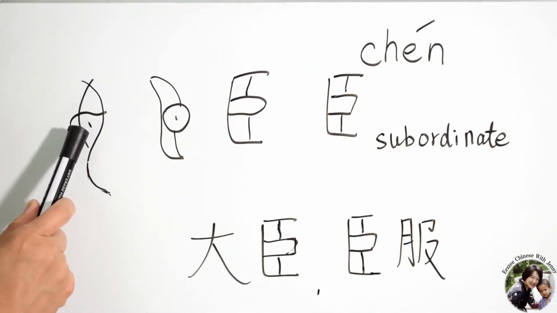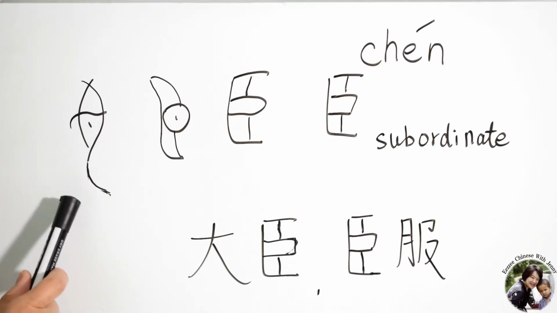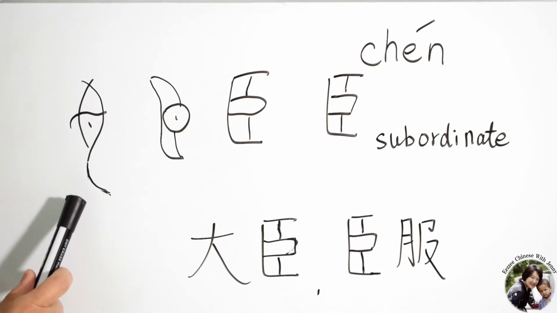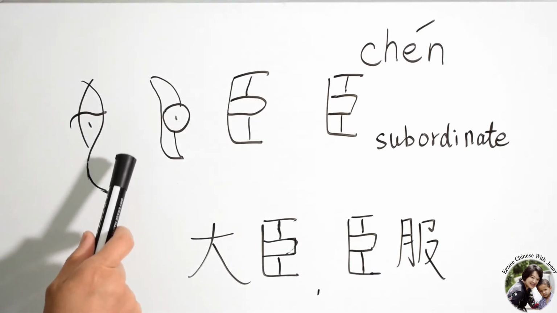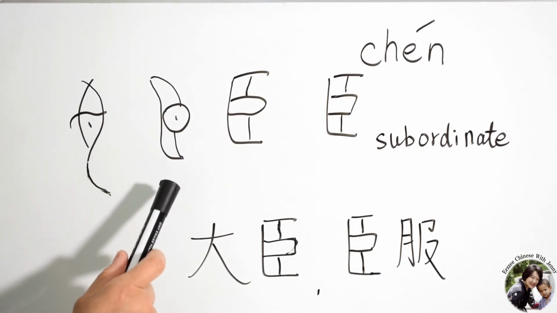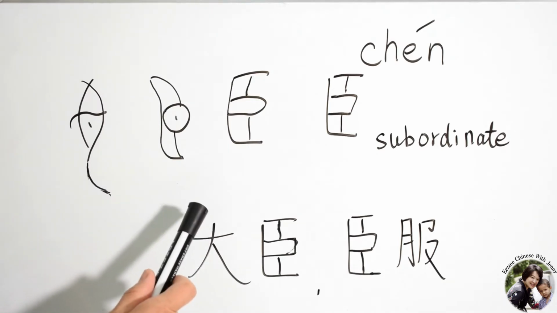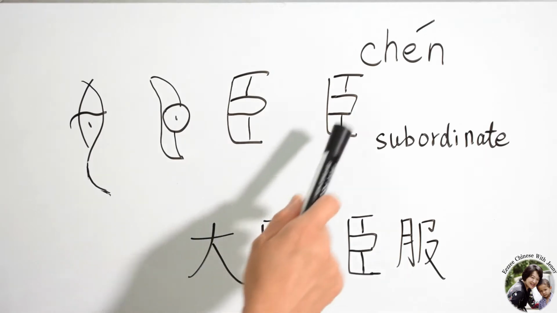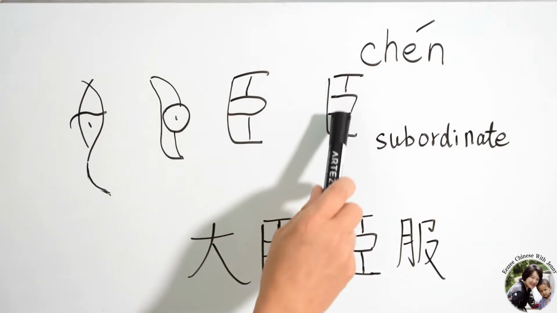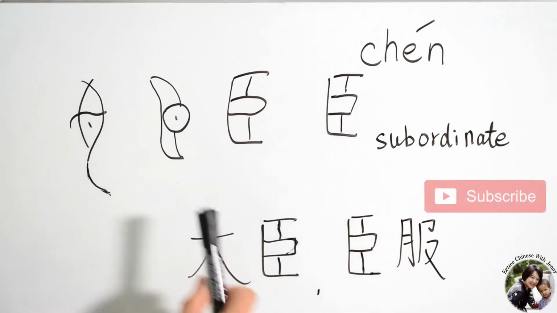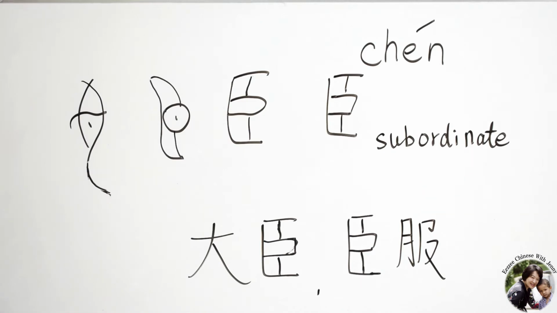You can only see one eye from the side, and it originally means slave, and then it related to all these people who are the subordinate. The pronunciation is 臣, and currently the simplified version is like this, meaning subordinate or to obey.